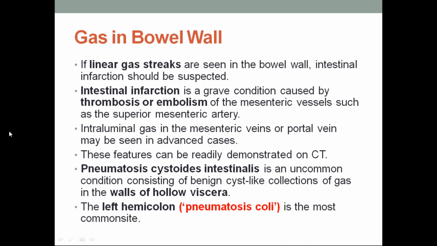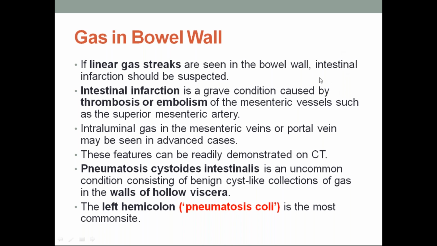And after that, coming to gas in the bowel wall. If linear gas streaks are seen in the bowel wall, as I already told you in pneumatosis, intestinal infarction should be suspected.